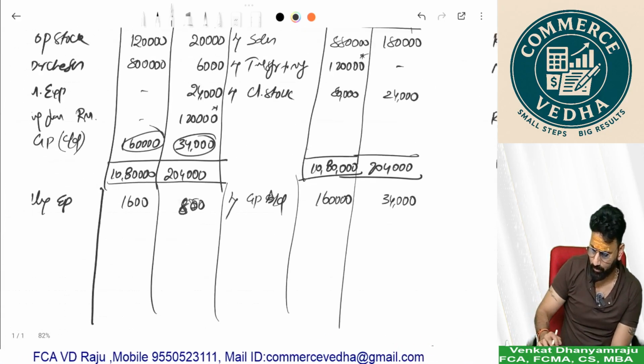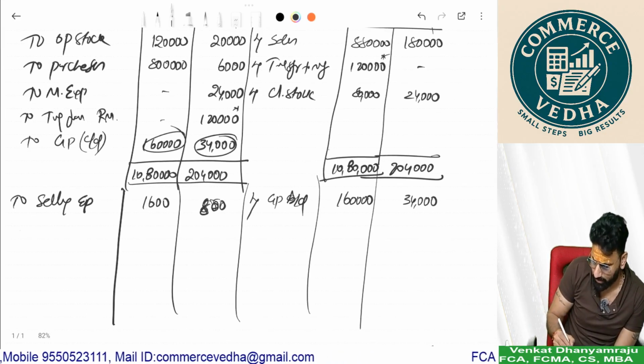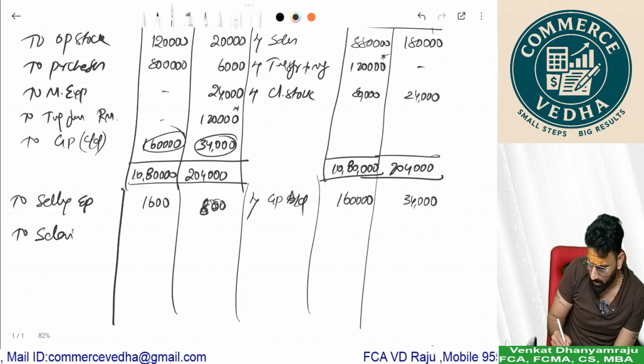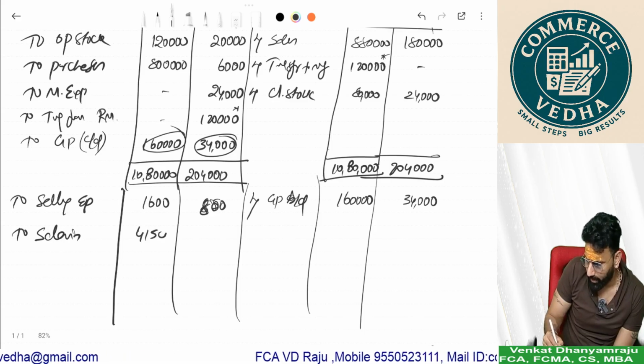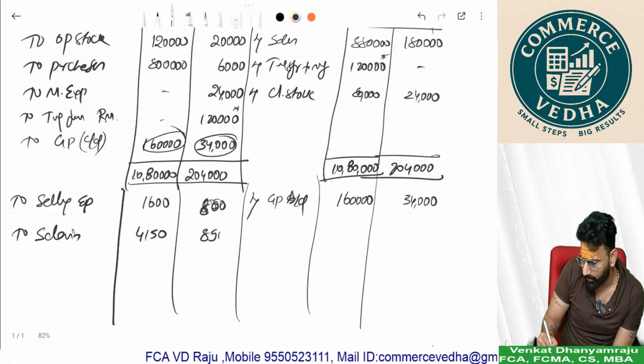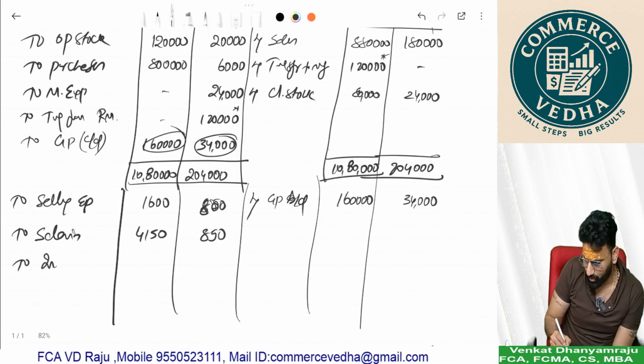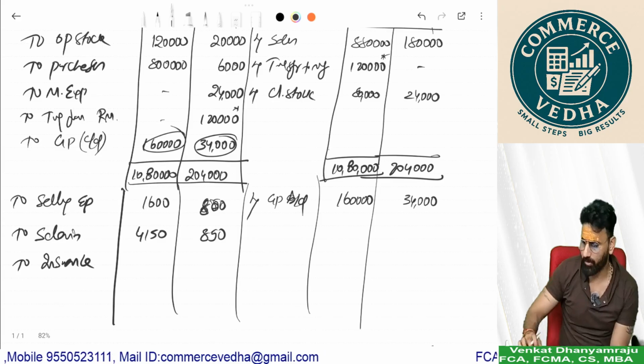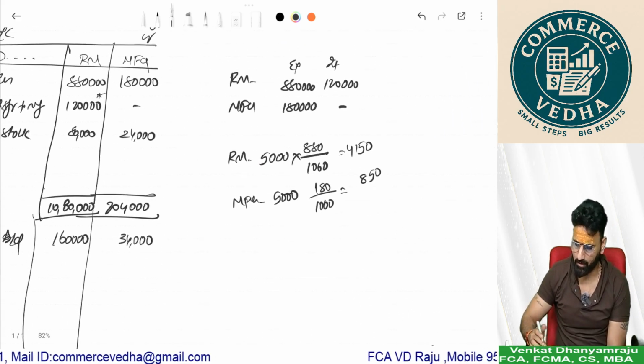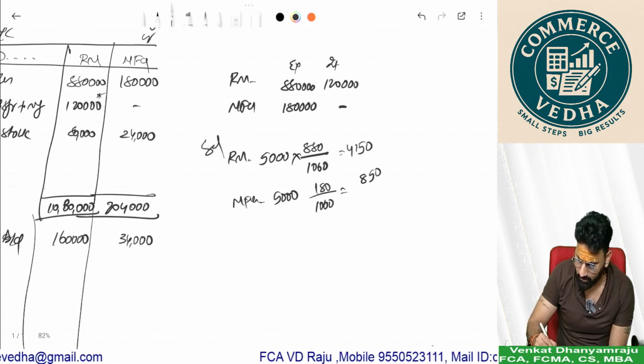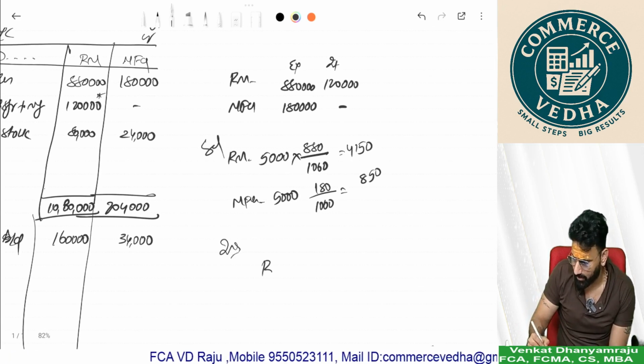So the salaries should be in the ratio 4150 and 850, and insurance also in the same ratio because this is the sales ratio.